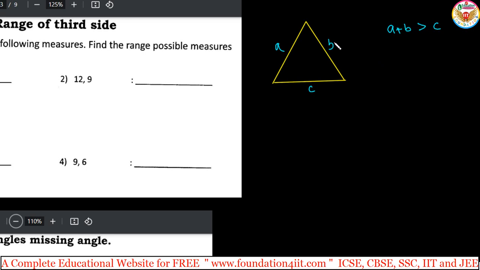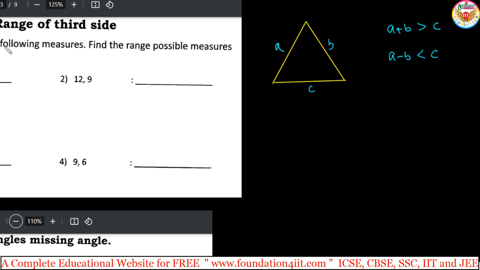If you add any two sides, the third side must be less. The sum of the two sides is greater than the third side, and the difference of the two sides should be less than the third side.